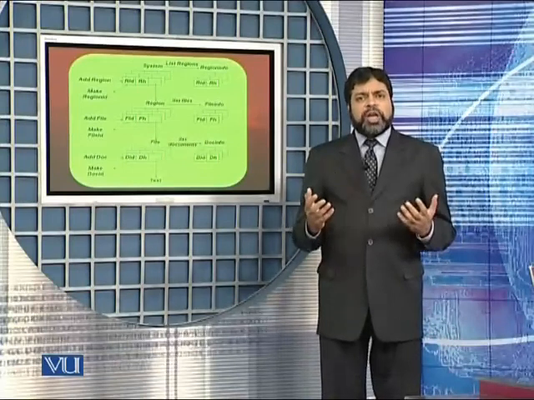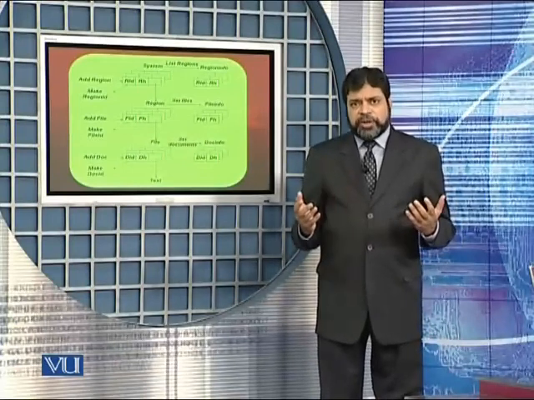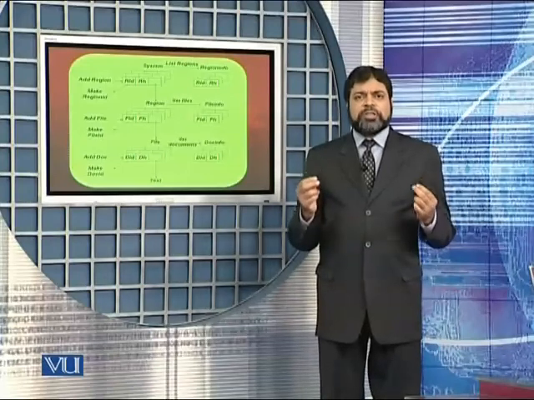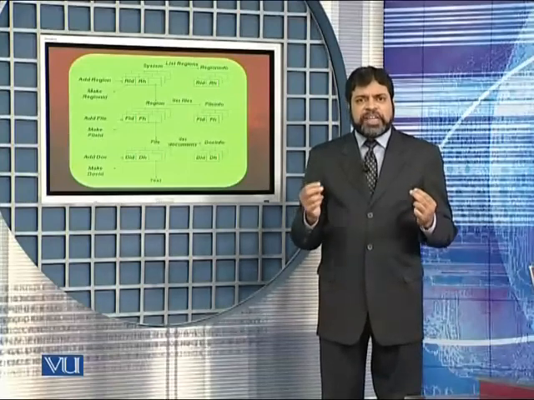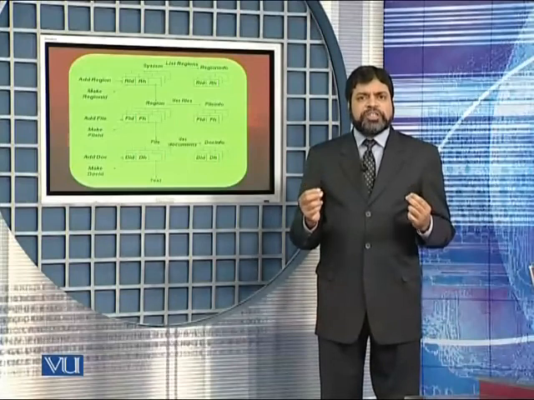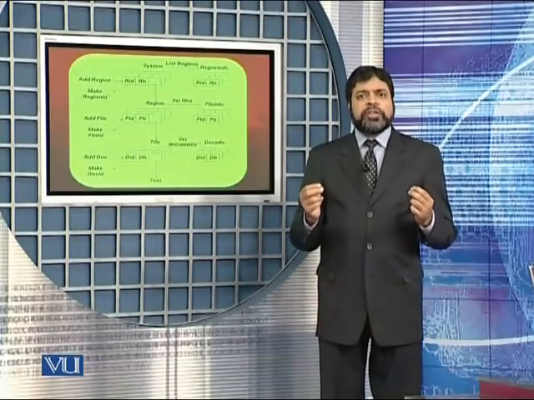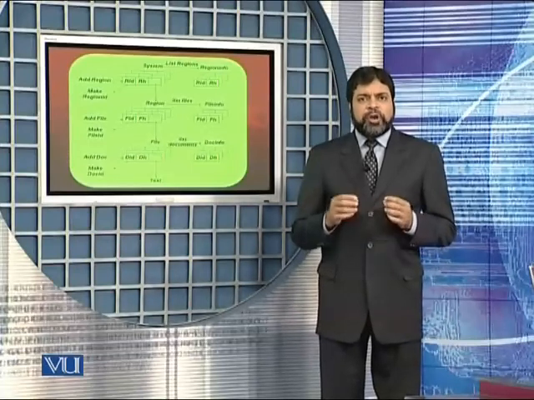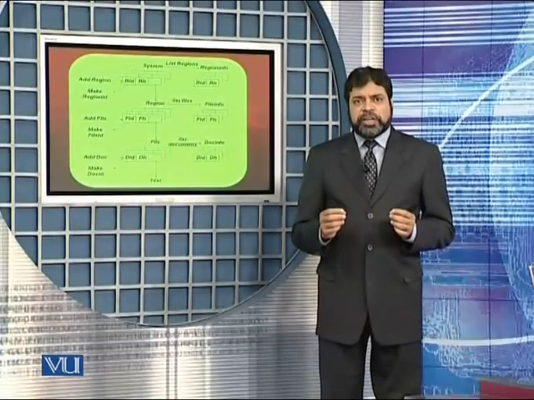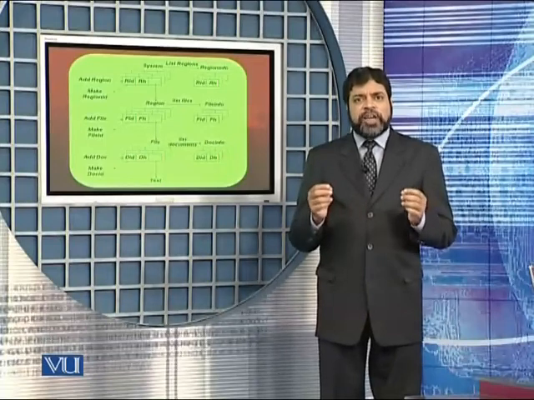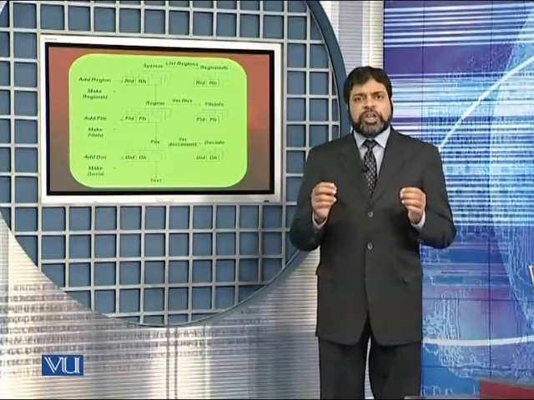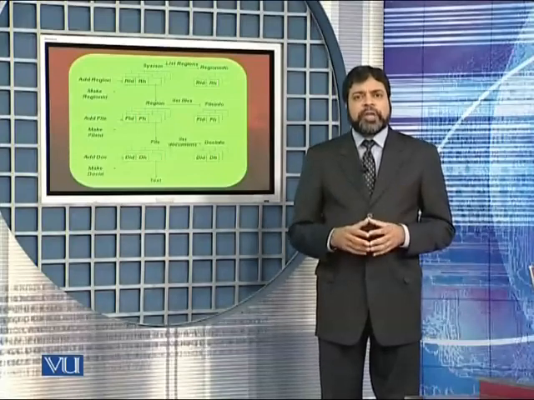We are talking about abstract data types here. I am not defining exactly what is the structure of a region header. I'm not defining exactly what is the structure of a file header. I'm not defining what is the structure of a document header.